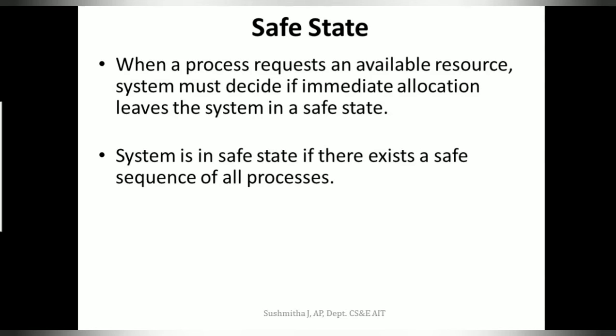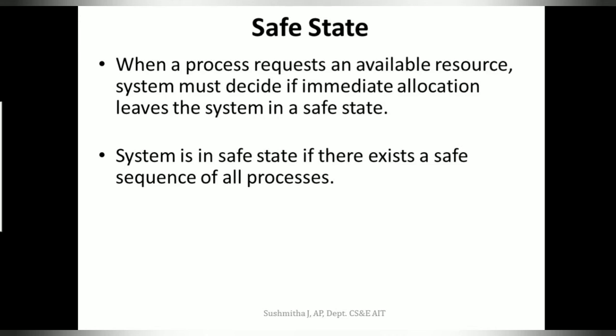What is a safe state? It is a deadlock free state. So if the allocation is leaving the system in a deadlock free state, only then is the resource allocated. If it leads to the deadlock state or unsafe state, it shall not be allocated.